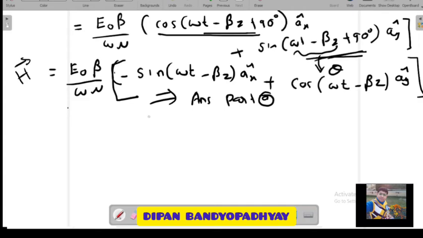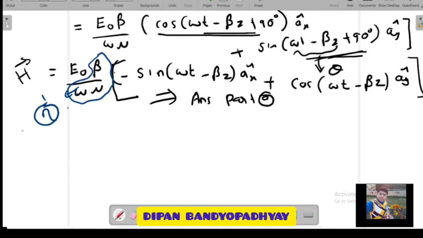So E naught beta by omega mu is multiplied by minus sin of omega t minus beta z ax cap plus cos of omega t minus beta z. Later in our modules you will see that this beta by omega mu is nothing but 1 by eta.